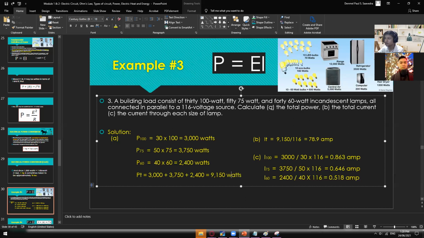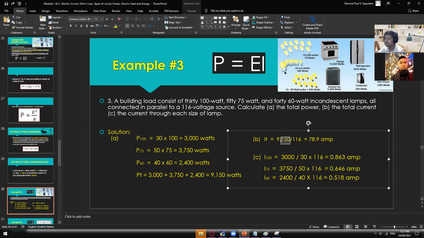So letter A now has an answer, which is 9,150 watts. For letter B, the total current, you can use this formula: I is equal to P divided by E, not I, because I is the one we are solving.